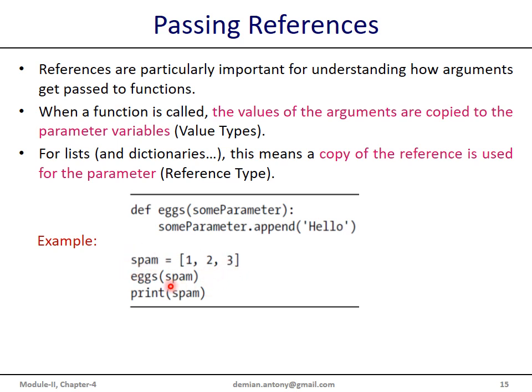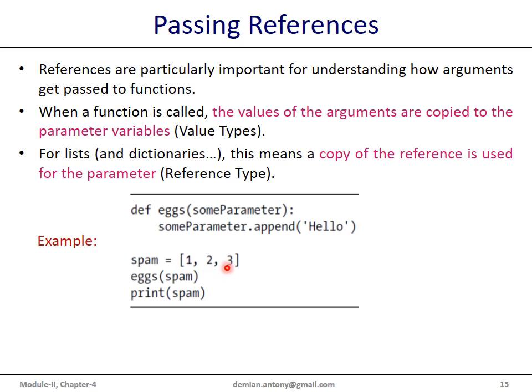This is a list, and we pass the argument, and this argument is not the list 1 2 3, it is a reference. This reference is copied to some parameter. Thus, the parameter some parameter becomes another reference to the same list 1 2 3.